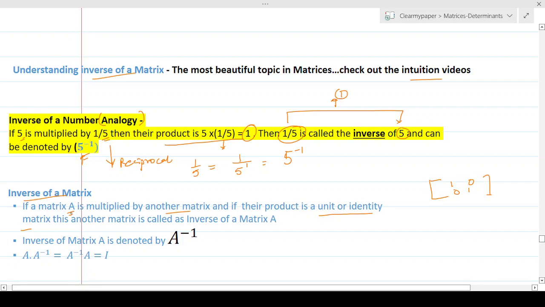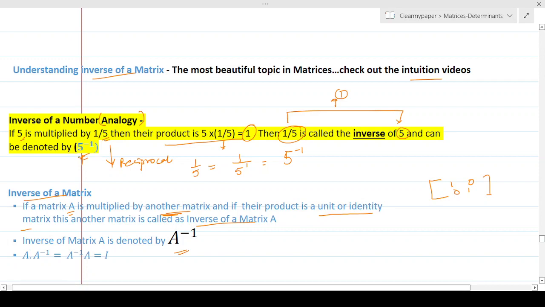Basically both are inverses of each other, but for the sake of definition we call this new matrix the inverse of A, denoted by a similar symbol.